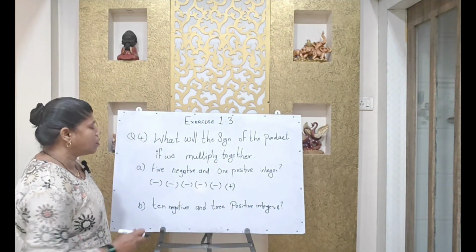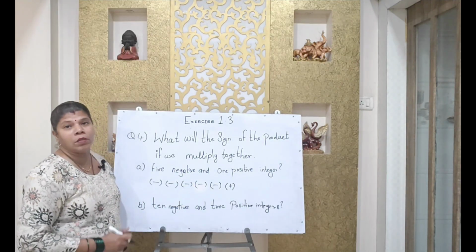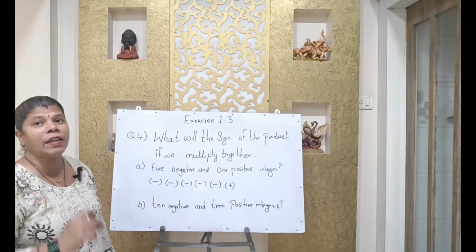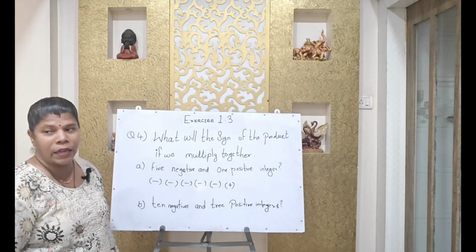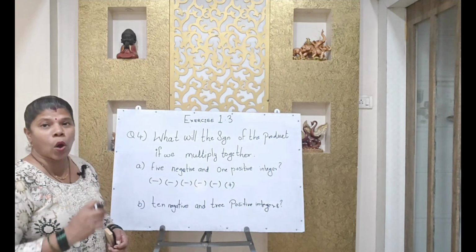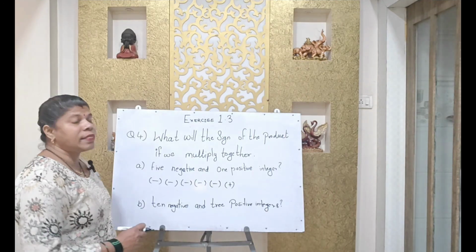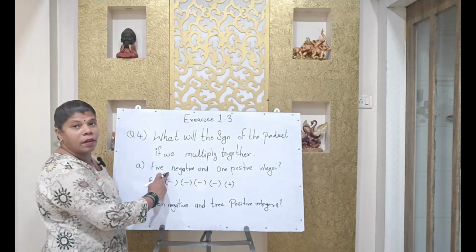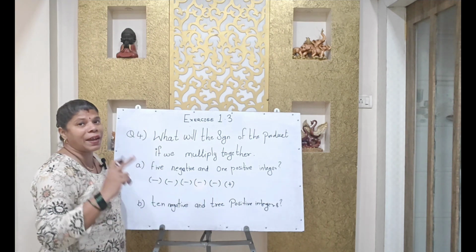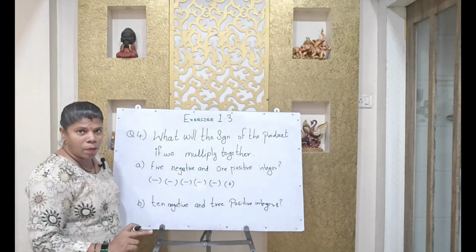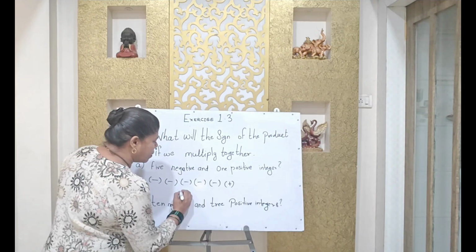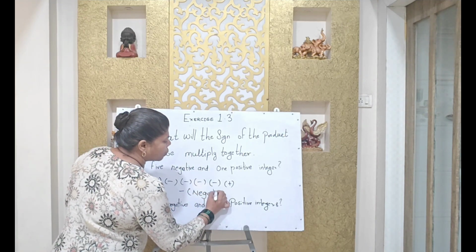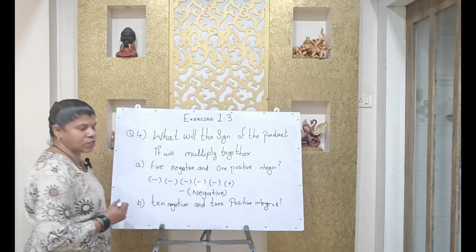Now you know that 5 is an odd number, and if you are multiplying the negative sign an odd number of times, then the answer is always negative. Okay, so 5 negative numbers, 5 times we have multiplied the minus. 5 is an odd number, so the answer will be negative.